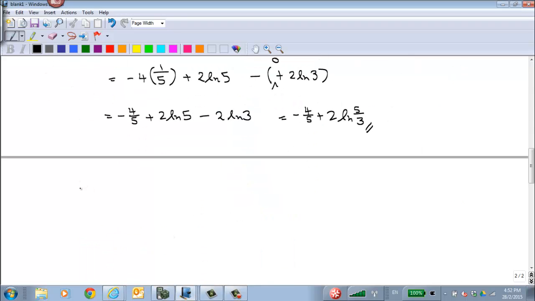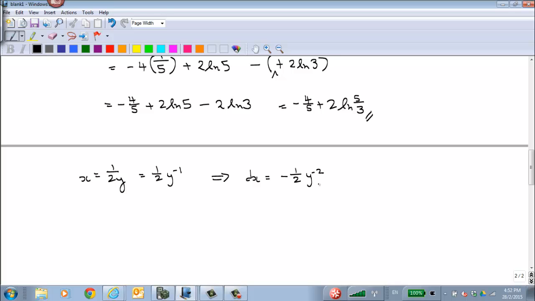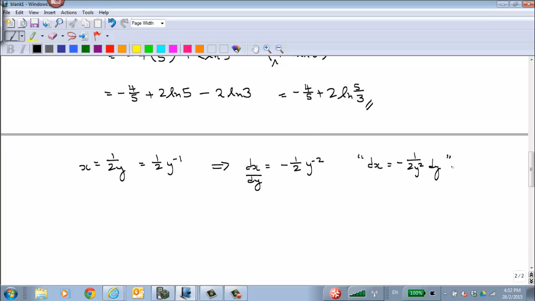We will actually first differentiate the substitution. The reason for us to differentiate the substitution is because we want to so-called sub away the dx, which in this case, you'll be substituting the dx to be minus 1 over 2y squared dy.